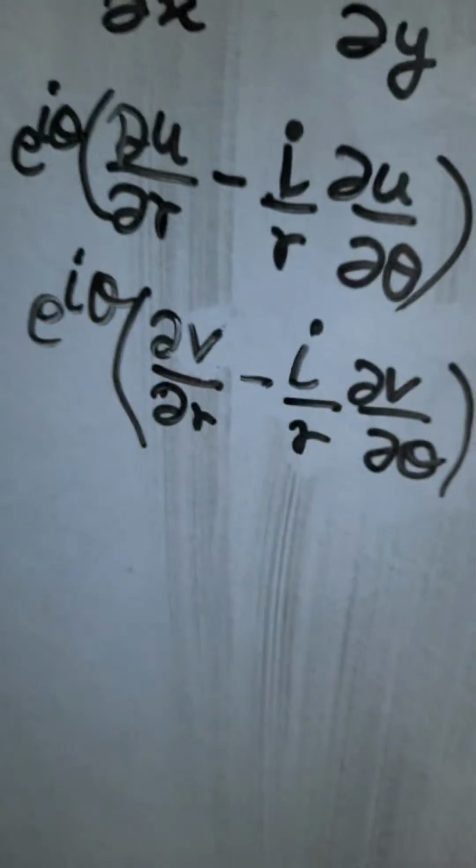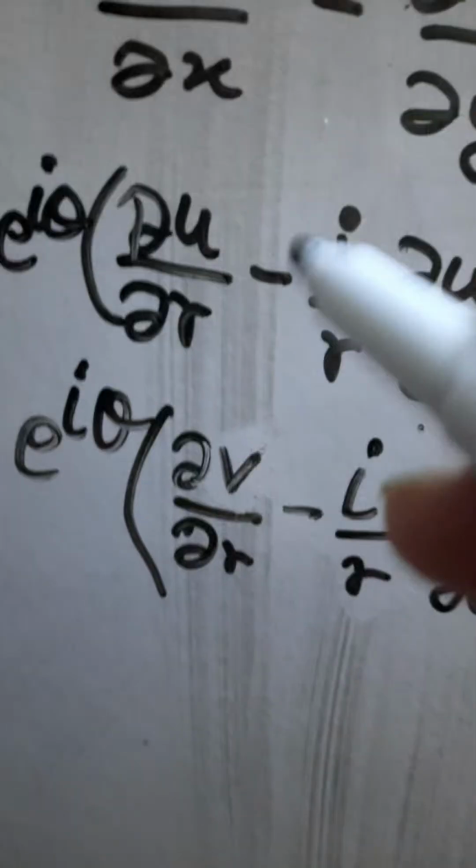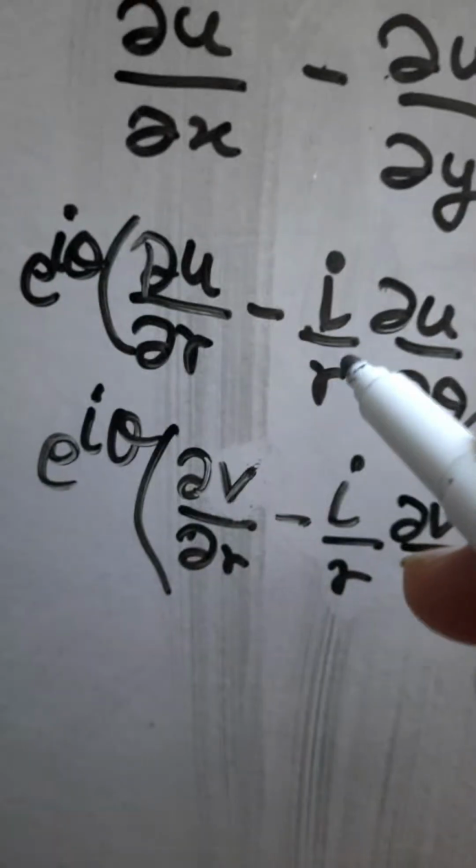So what happens here is there are only r and theta terms here, no x and y. So one time we will take the derivative with respect to r, one time we will take the derivative with respect to theta. And obviously this is a complex function, so there would be i here definitely, and divided by r would be there, because in the Cauchy-Riemann equations also there is 1 by r, so you have to remember it like that.